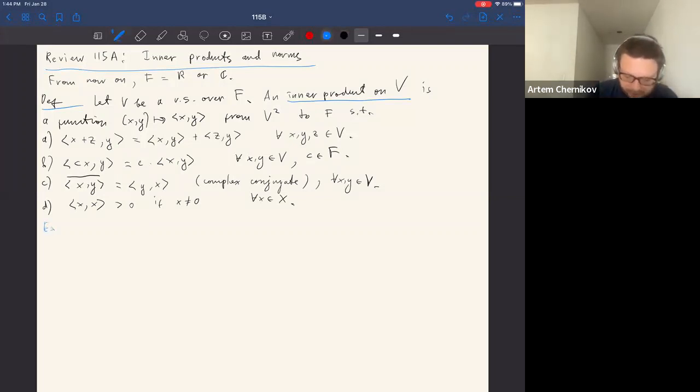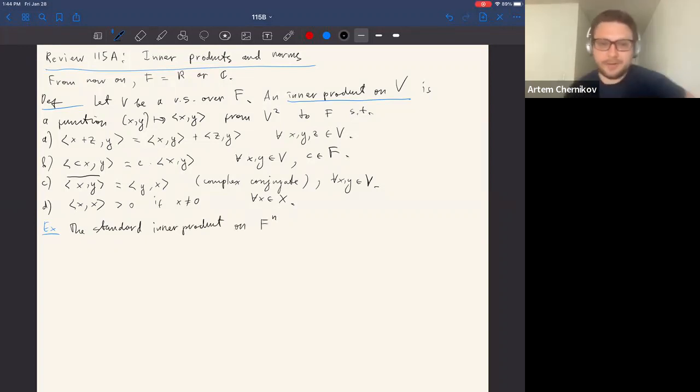Let me mention the most important example, I guess: the standard inner product on the space F^n. It is given by the following formula, which is the same as for dot products.